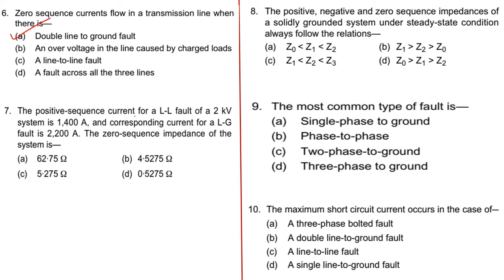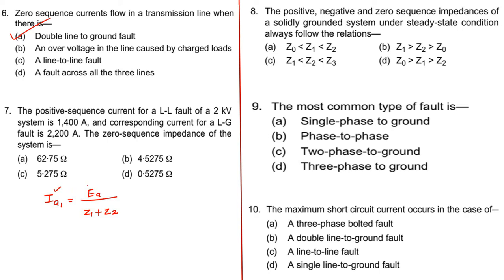Question 7. The positive sequence current of an LL fault in a 2 kV system is 1400 ampere. Corresponding current for the LG fault is 2200 ampere. Find the zero sequence impedance of the system. For an LL fault, the formula is IA1 equal to EA divided by Z1 plus Z2.